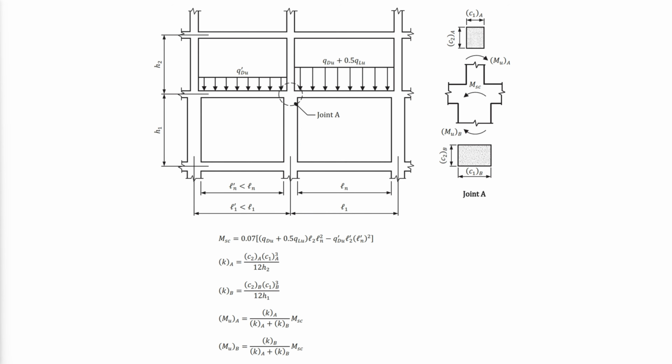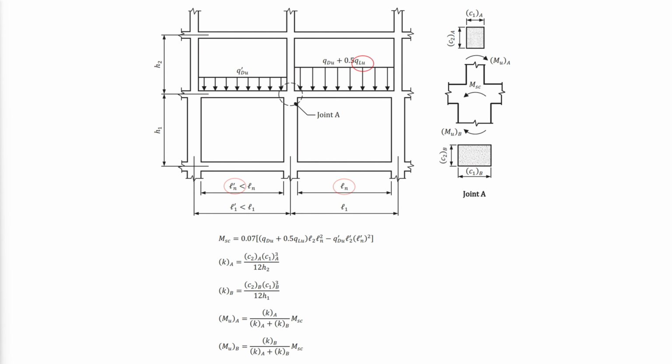The moments transferred to the supporting columns or walls by two adjacent slabs where one is longer than the other is shown. L1 and L1 prime are the center-to-center spans of the longer and the shorter slab respectively. Ln and Ln prime are the clear spans of the longer and shorter slab respectively.